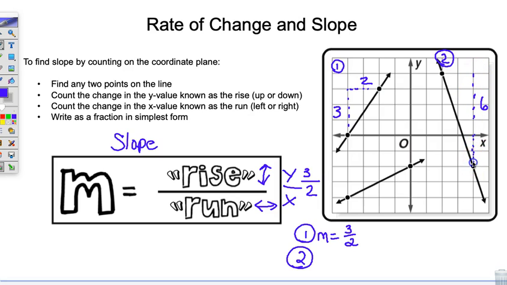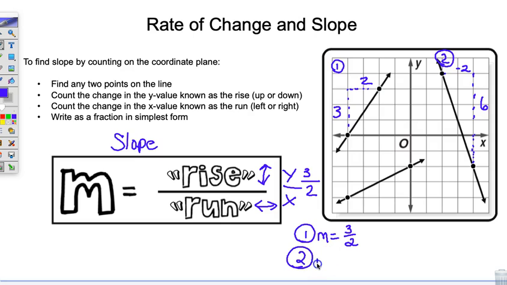So from this point to here is 6 units. And again, since I'm moving up, that's going to be reported as a positive number. Once I'm here though, I need to move left. When I move left on the coordinate plane, I'm moving towards negative numbers. So from here to here is going to be 2 units, but it is going to be negative.